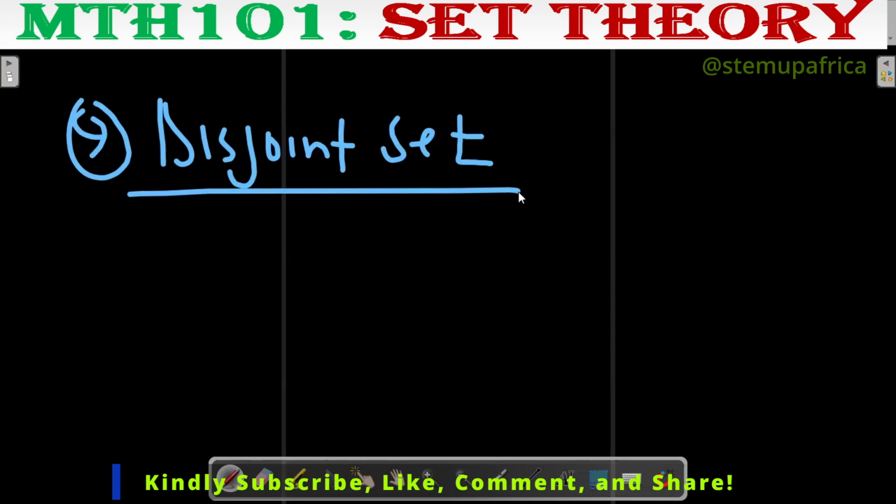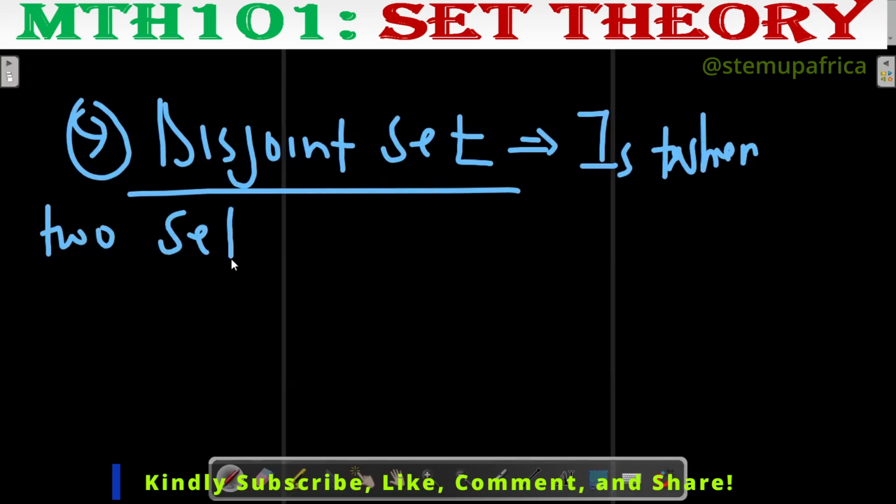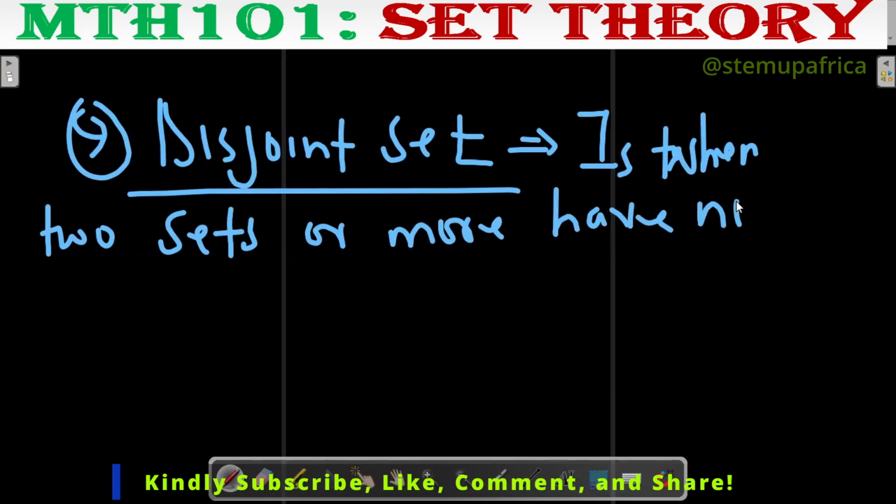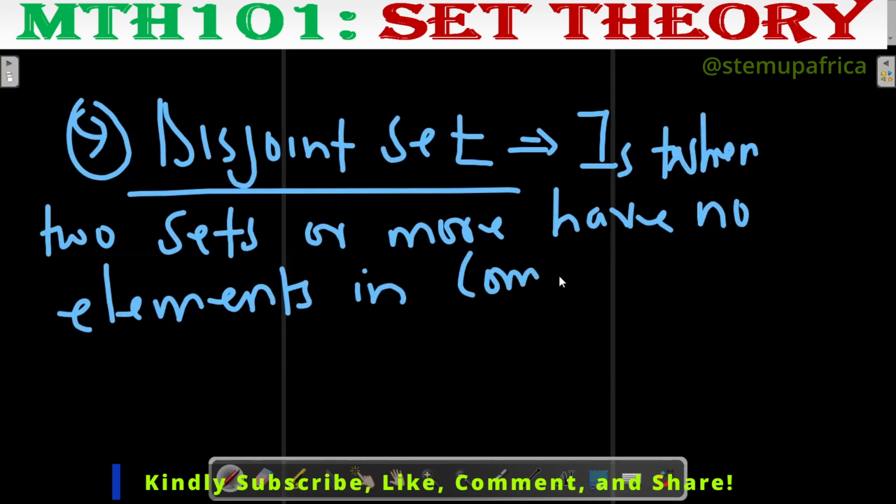So it is not different from what it means in sets. A disjoint set is when two or more sets have no elements in common. That's what I mean by disjoint sets.